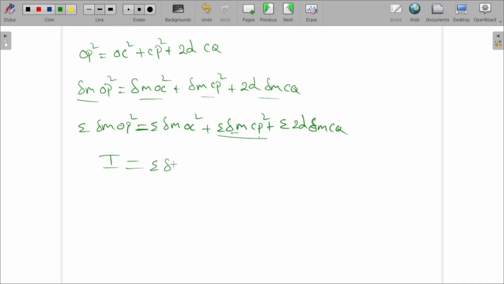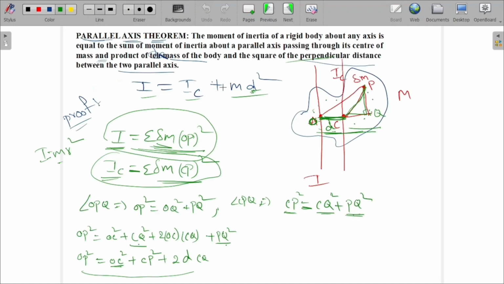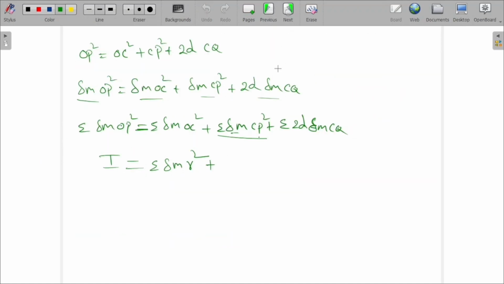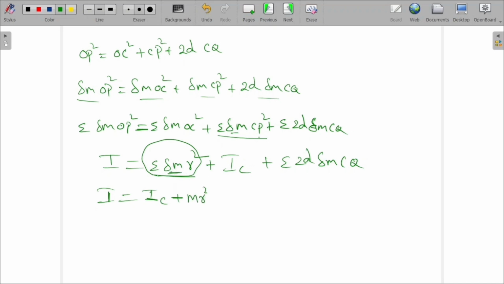So delta m OC square is R square, plus this delta m CP square. Delta m CP square is IC. So it is IC plus summation 2D delta m CQ. So this total will be written as I equals IC plus summation delta m, which will be written as m R square.